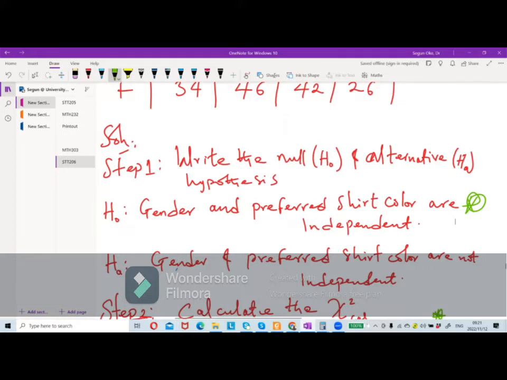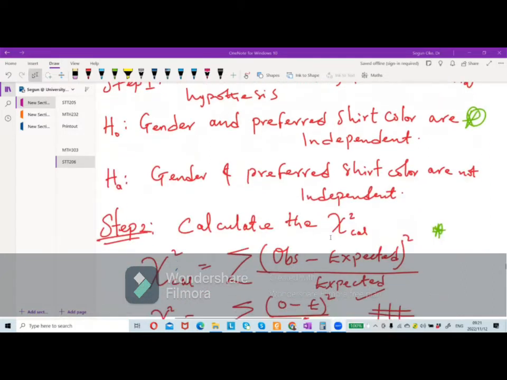I will accept the alternative. Sorry, those of you that are having issues with your network today, bear with us. You now accept the alternative that gender and preferred shirt color are not independent.